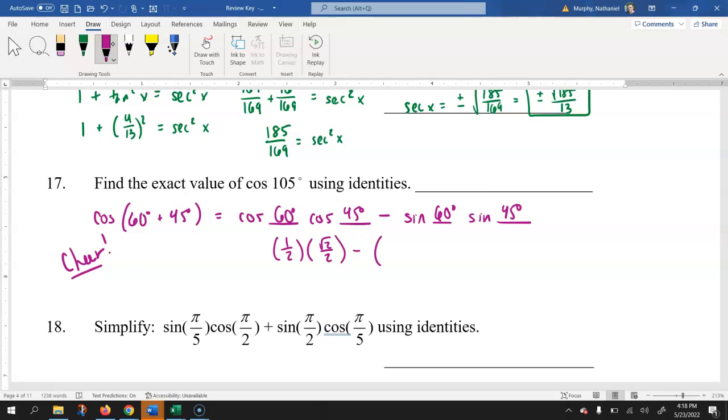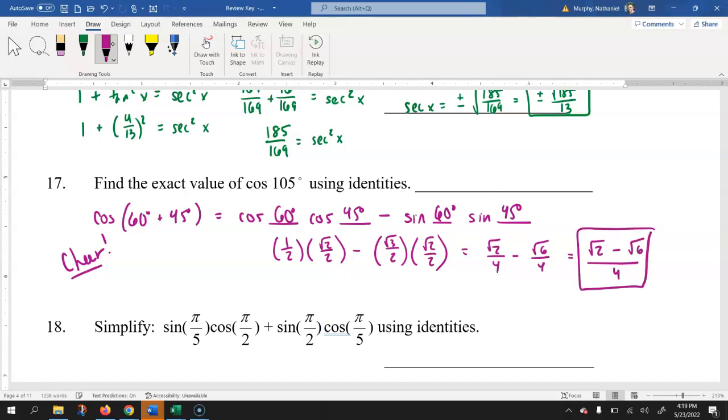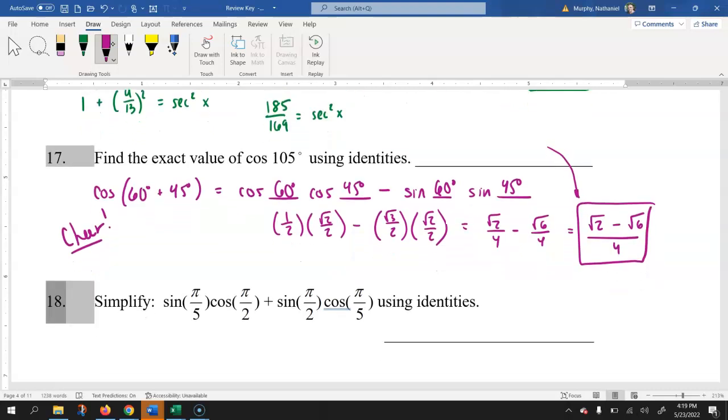And the sine of 60 degrees would be square root of 3 over 2. And the sine of 45 degrees is also square root of 2 over 2. So when we simplify these, we'd end up with square root of 2 over 4 for the first two. The second two, that's square root of 6 over 4. We can combine those to be square root of 2 minus square root of 6 all over 4. That'd be your answer for 17.